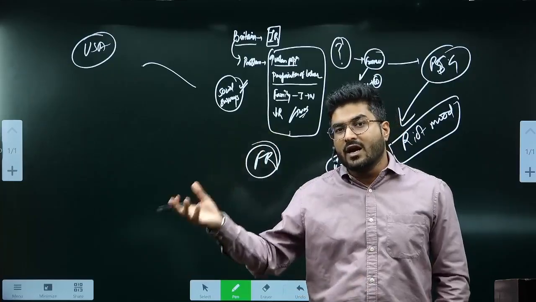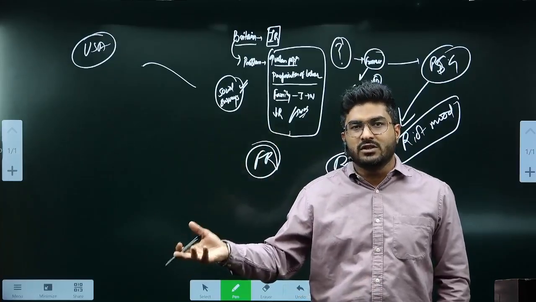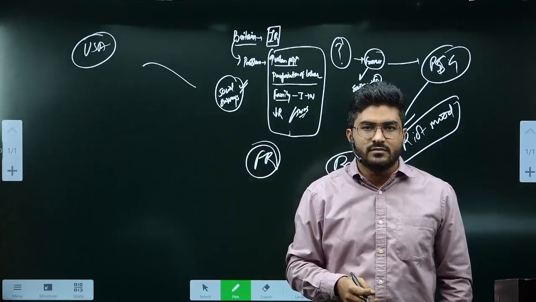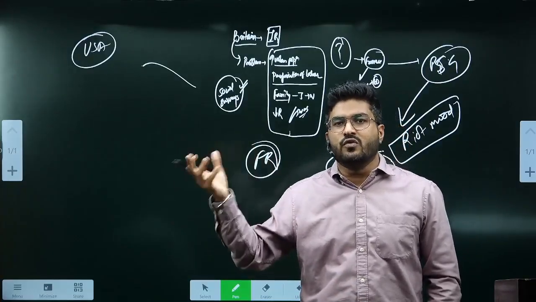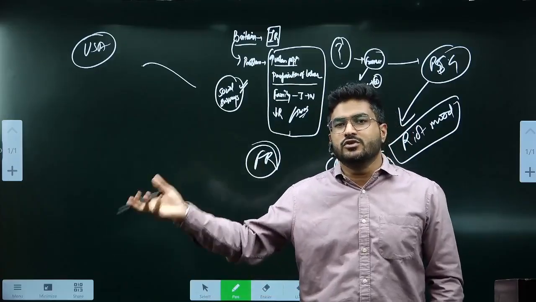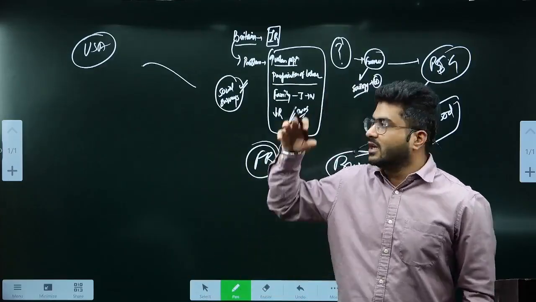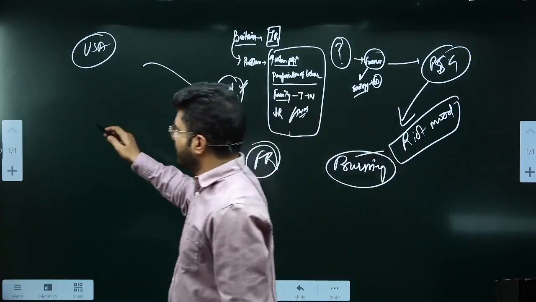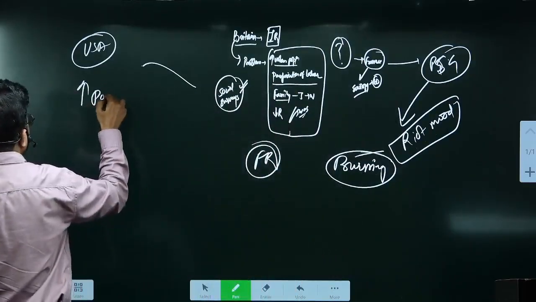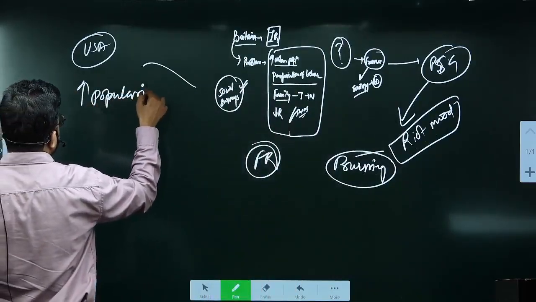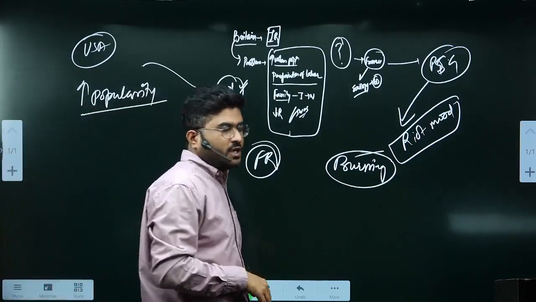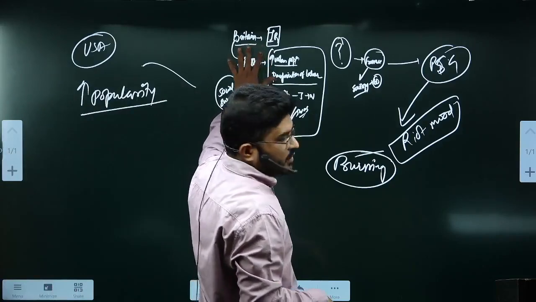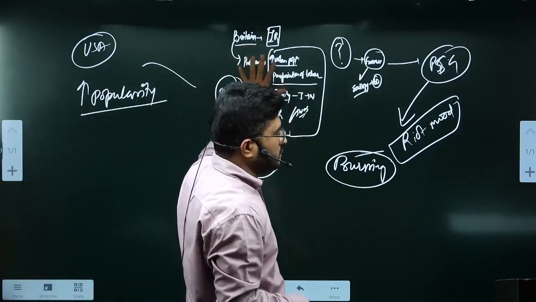And America boasts of itself as the largest democracy, the oldest democracy. So there are intellectual people enough to understand the problem and find the solutions for it. And hence in USA, there was popularity of sociology.